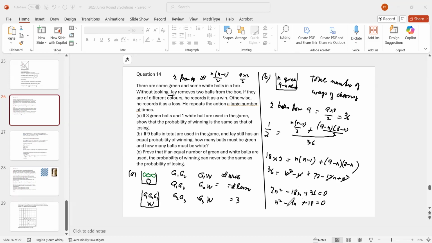Yeah, so this actually factorizes. This is n minus 3 into n minus 6 equals 0. So n is 3 or 6.